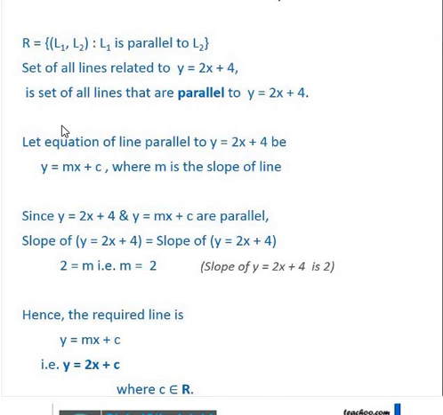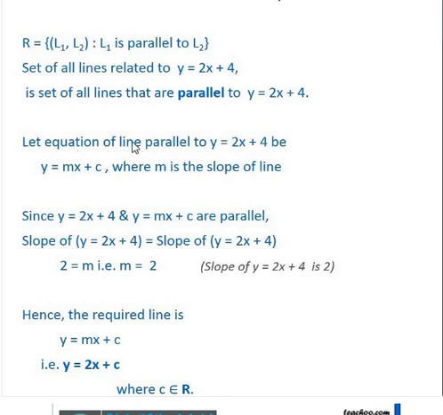Instead of c, we will take another constant, let us take it as k. So if the given line is ax plus by plus c equals 0, then the family of lines parallel to it will be ax plus by plus k equals 0. Only the constant term will be different. Or we can also say they will have the same slope.